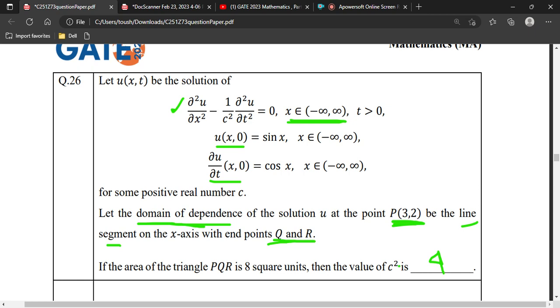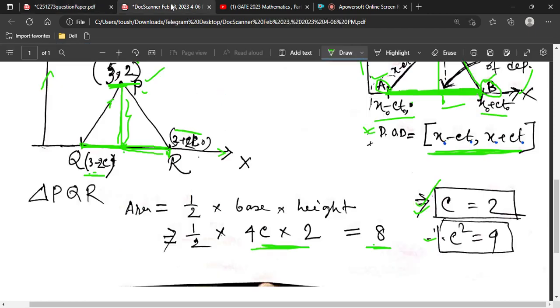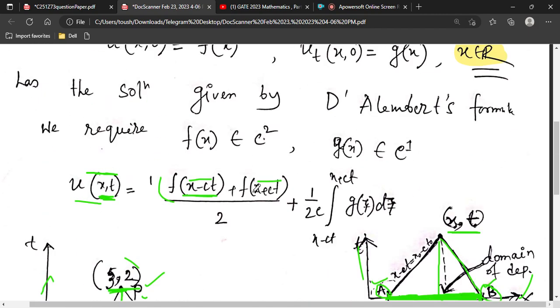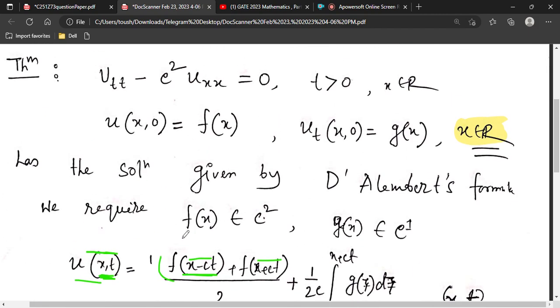Now one thing I forgot to mention here is that your u is sin x and your ut is cos x. This sin x is a smooth function, right? And one thing required over here is that your f of x should belong to C2 and g of x should belong to C1.